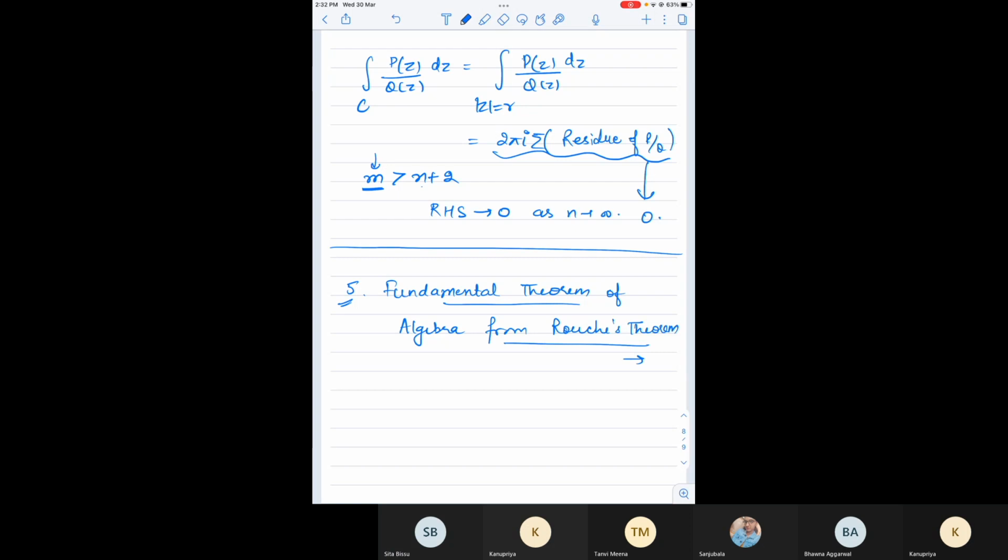Hello. Yes, ma'am. The fundamental theorem is that all the roots of a polynomial will be given in the complex numbers. Complex roots will be there, right?